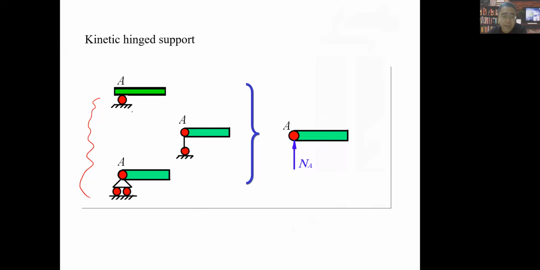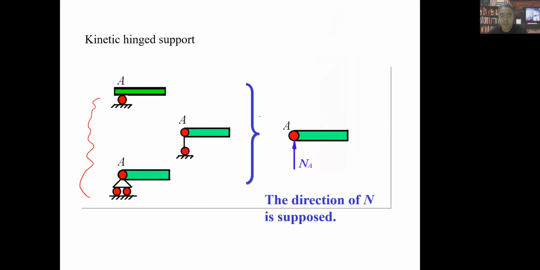That means at this point A, the movement along the y-axis is prevented, is restricted, but its capable of movement along the x-axis is not constrained, right? That is what 滚动支撑 means. This is a new kind of constraint you guys should know.